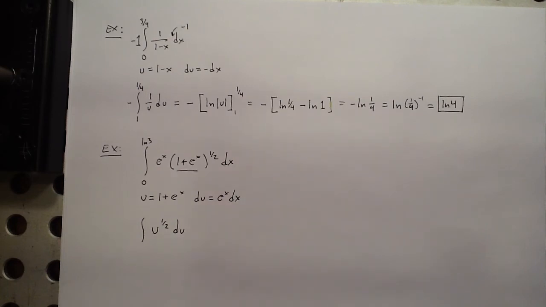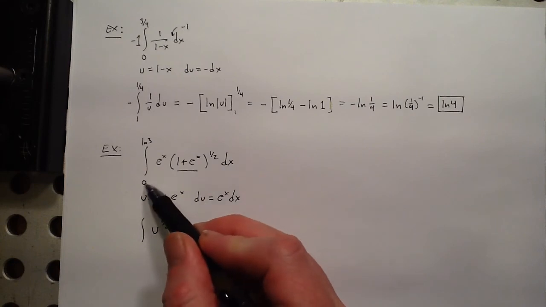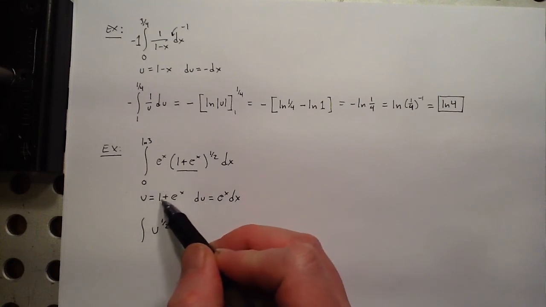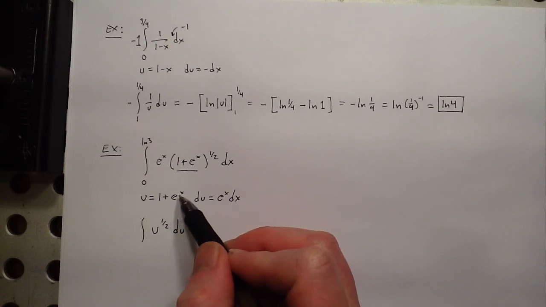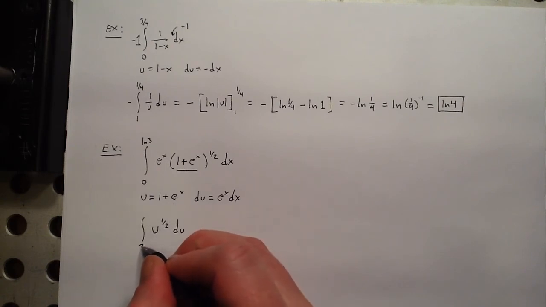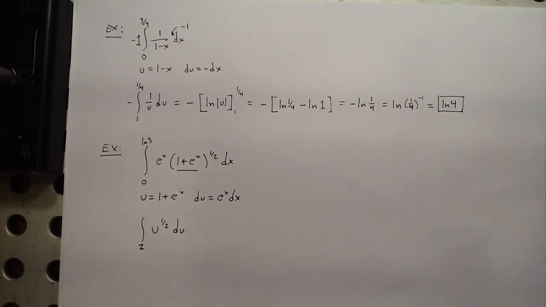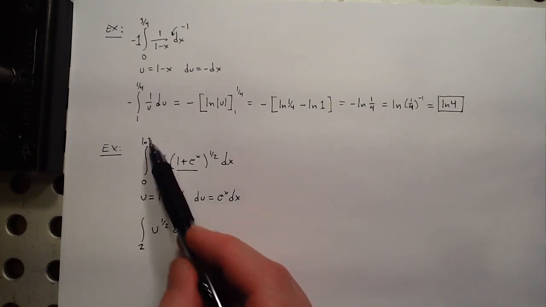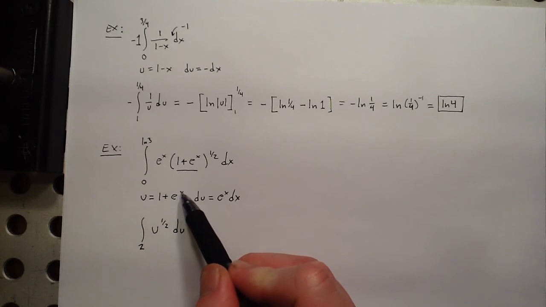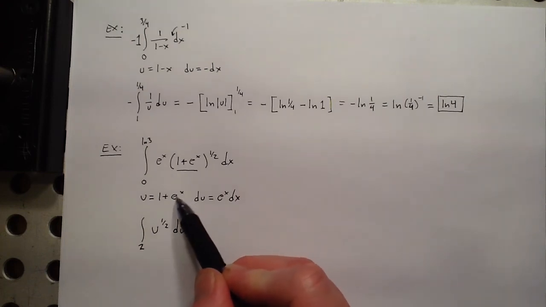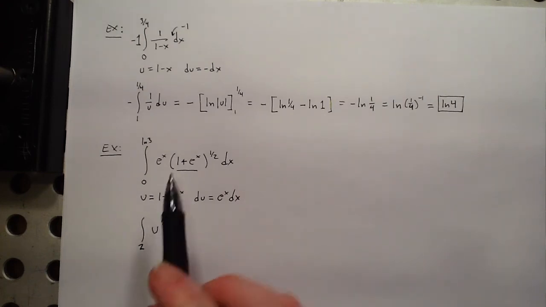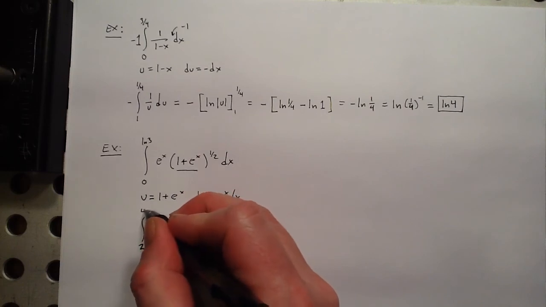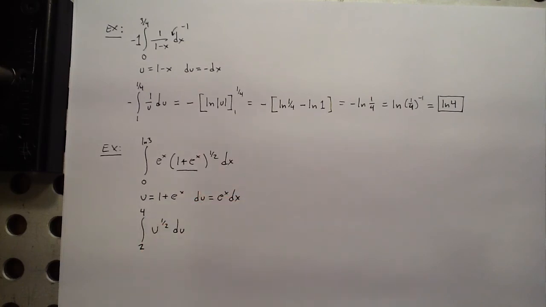right? And then plugging 0 in here, that gives me 1 plus e to the 0. E to the 0 is 1, so that new number is going to be 2 here. And then plugging the natural log 3 in, e to the natural log of 3 is 3, so 1 plus 3 is 4. Right?